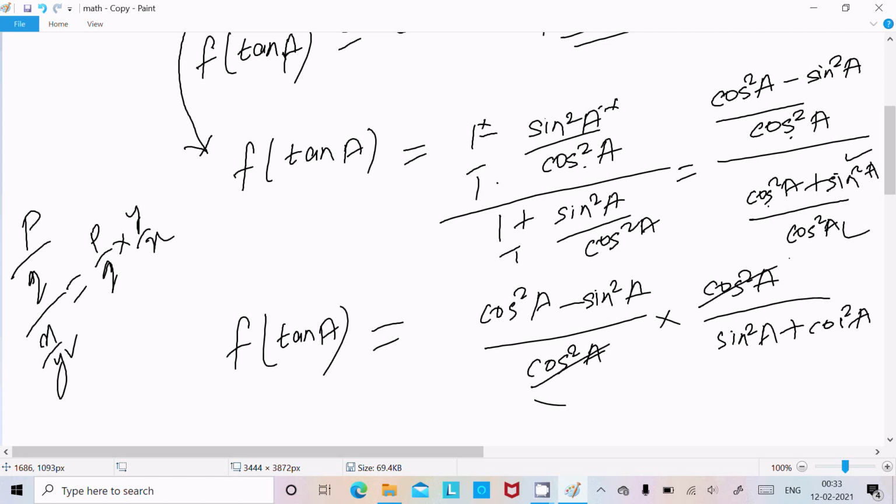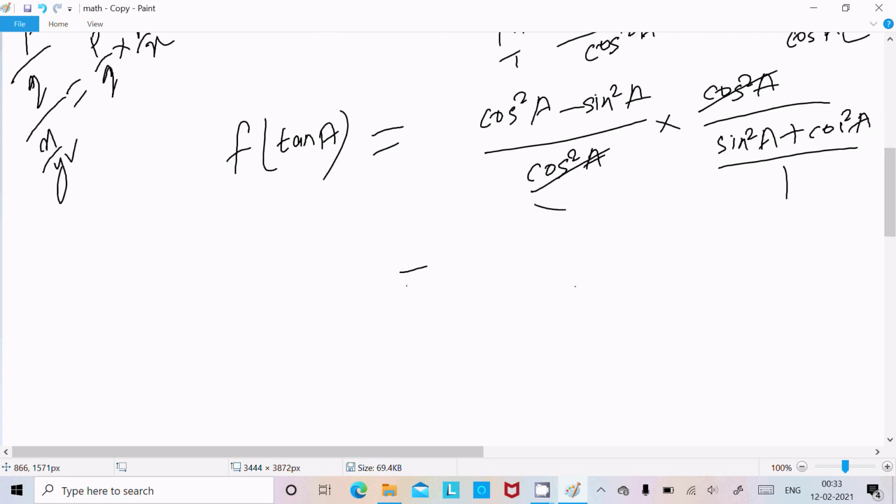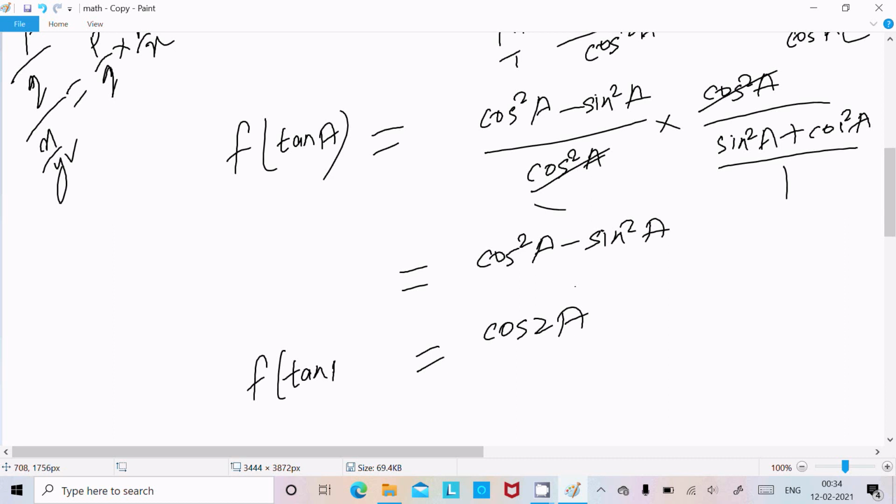So this is going to cancel, and there is one formula, sin²A + cos²A equals 1. So finally we can see cos²A - sin²A. The formula is cos 2A. Okay, so this also proves f(tan A) = cos 2A.